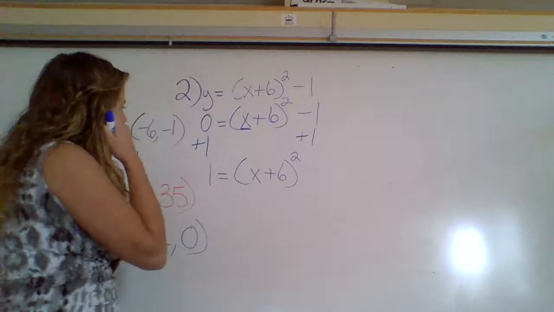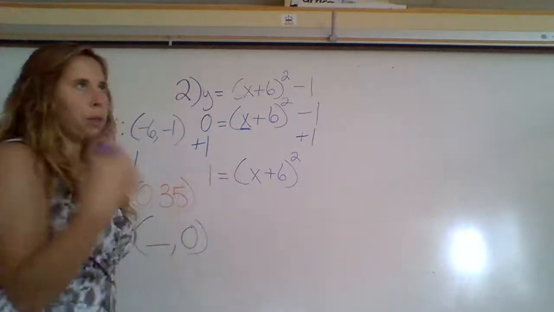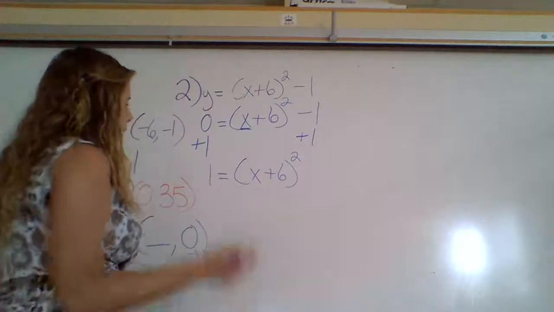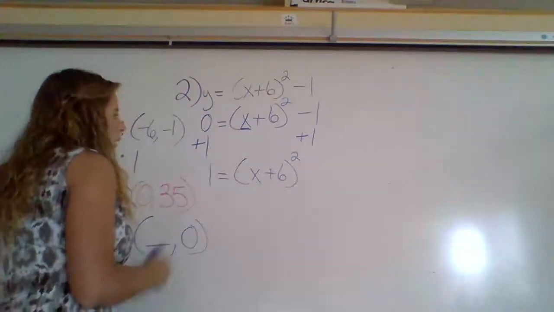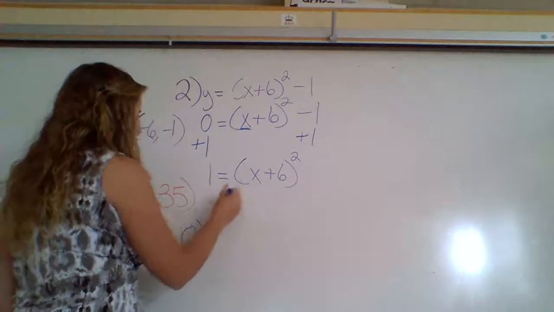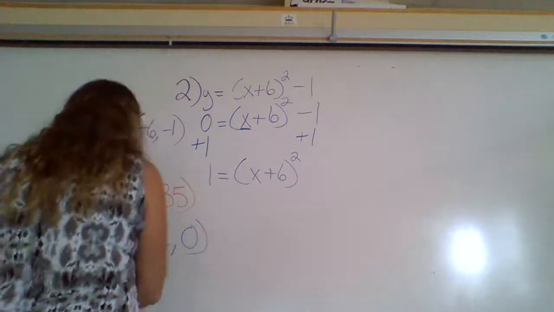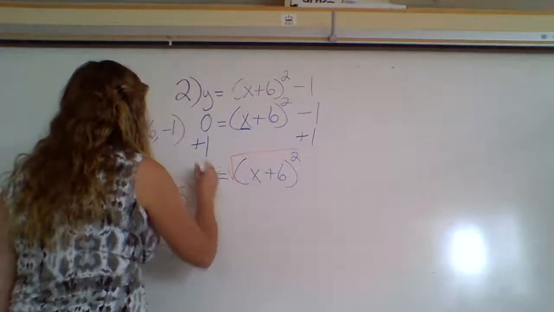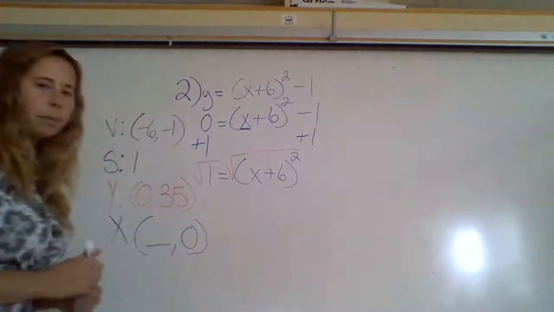Usually you would divide by whatever number is in front of the parentheses, but there isn't one, so you don't have to do that step. Now you take the square root of both sides.